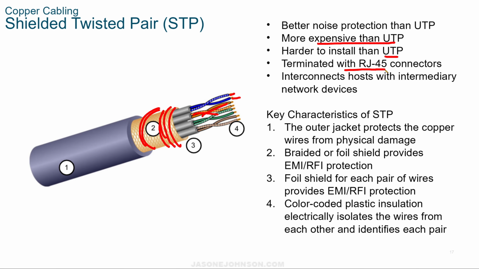It is terminated with the RJ45 connectors, which is the same as the UTP, and it does interconnect hosts with intermediary network devices. Some of the key characteristics: the outer jacket protects the copper wires, the braided or foil shield provides EMI and RFI protection, and the foil shield for each wire provides an extra layer of protection. And then the color-coded plastic insulation isolates the wires from each other and identifies what the pair does.